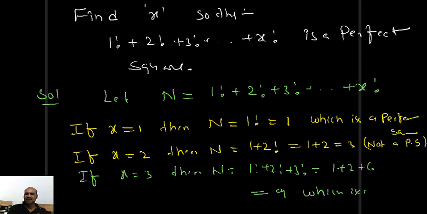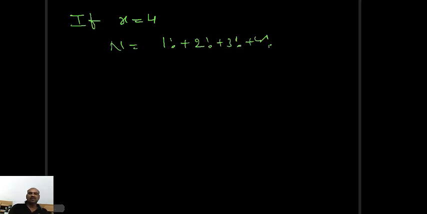If x is taken as 4, then n equals 1 factorial plus 2 factorial plus 3 factorial plus 4 factorial.